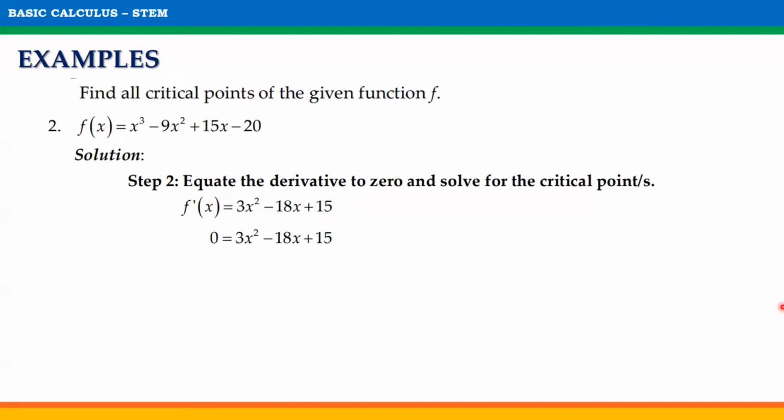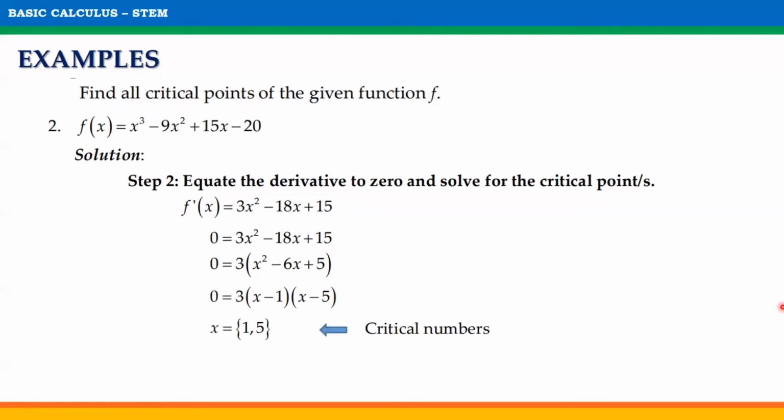Since this is a factorable quadratic, we can factor it as 0 equals 3 quantity x squared minus 6x plus 5. x squared minus 6x plus 5 can still be factored into x minus 1 times x minus 5. Equating both factors to 0, we get the critical numbers 1 and 5.